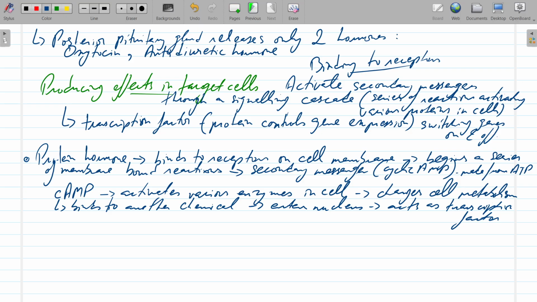So the things it can affect: cellular respiration, contraction of muscle cells or relaxation of smooth muscles and blood vessels, or the reabsorption of water, the permeability of cells to water. That is what ADH does, again something we'll talk about. So depending on the hormone and the target cell, it can have various effects.